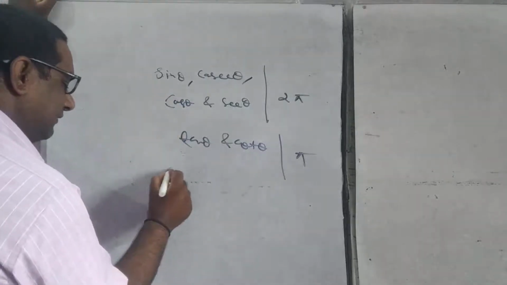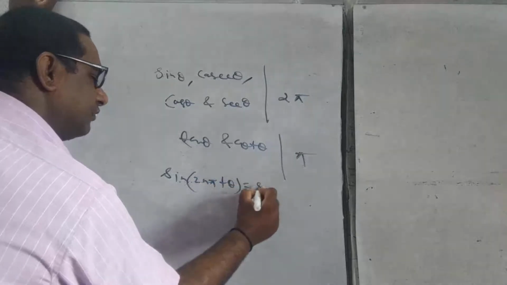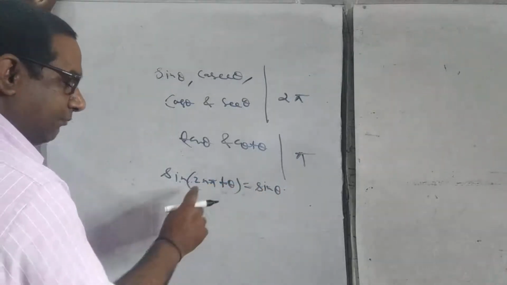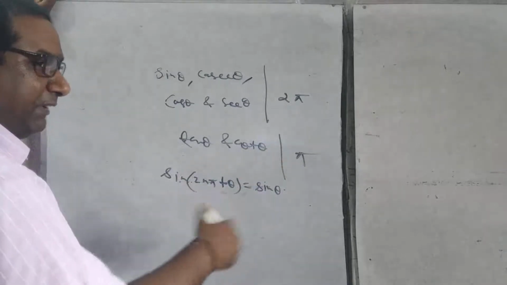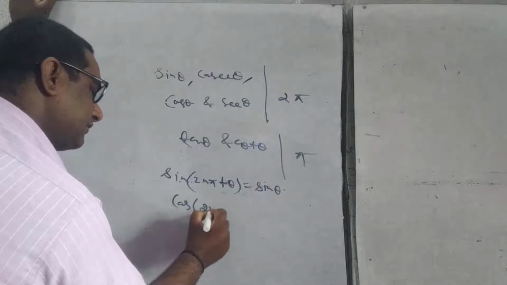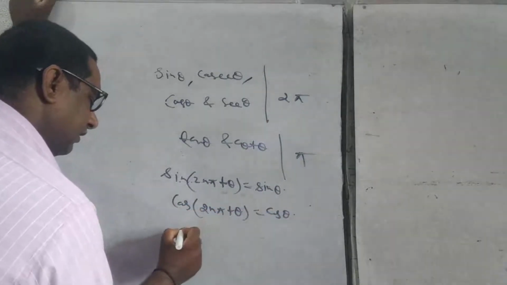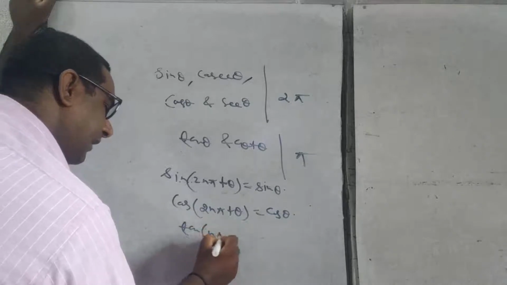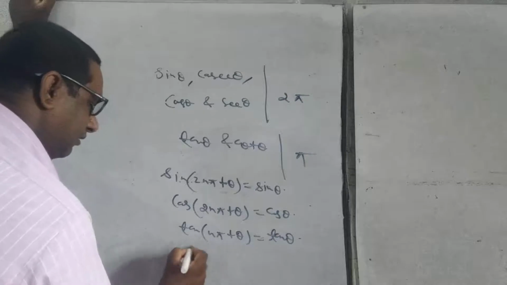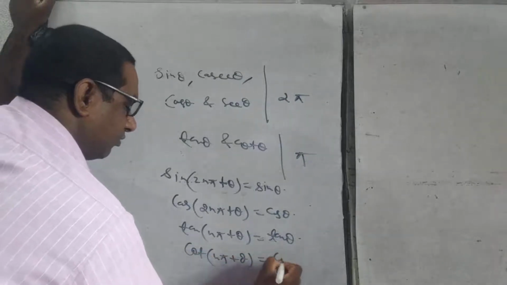It means sine of 2n pi plus theta is equal to sine theta. Why? Because after 2 pi, sine repeats itself. Similarly, we can write cos of 2n pi plus theta is equal to cos theta. Tan of n pi plus theta is equal to tan theta. Cot of n pi plus theta is equal to cot theta.